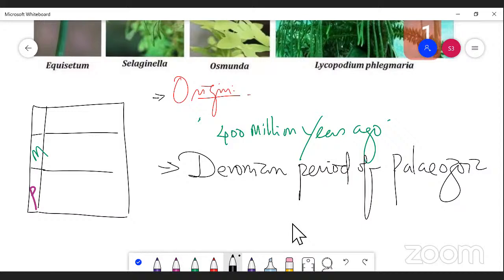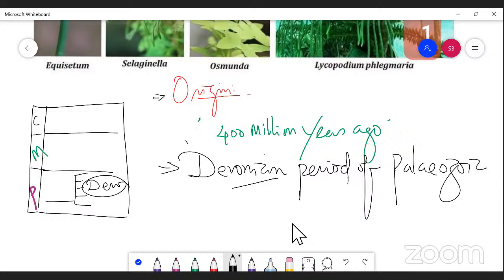Pteridophytic members originated in the Paleozoic era because it consists of several sub-periods. Here you can see the Devonian period.